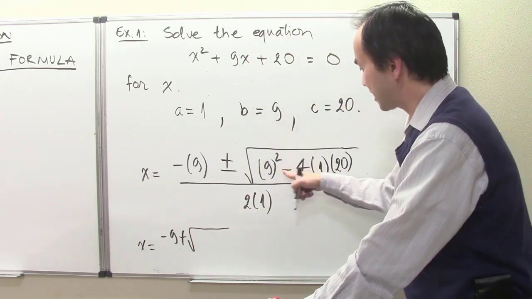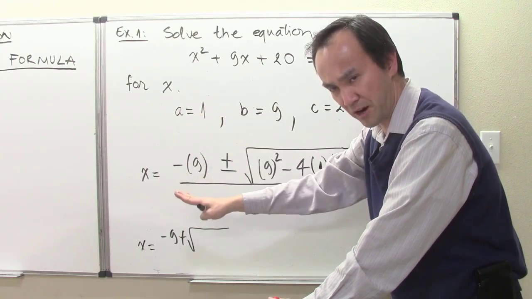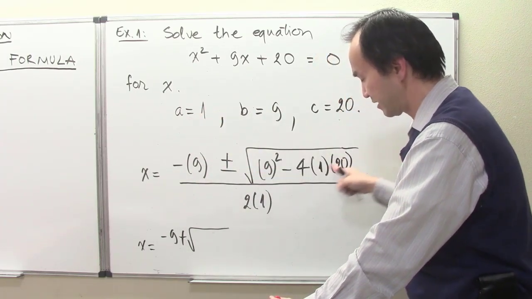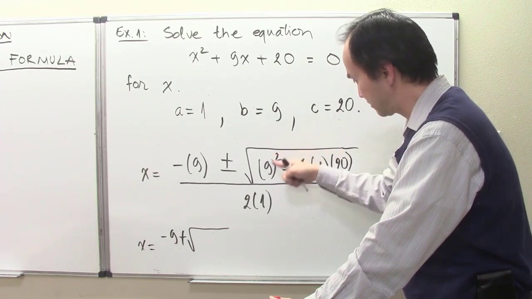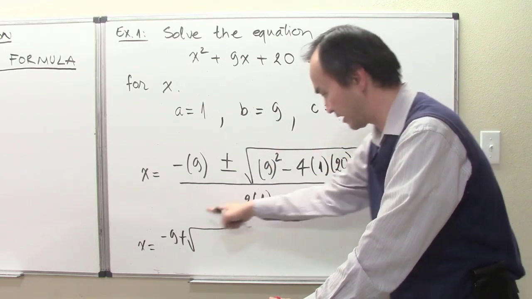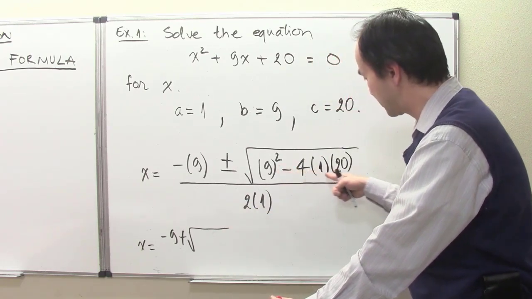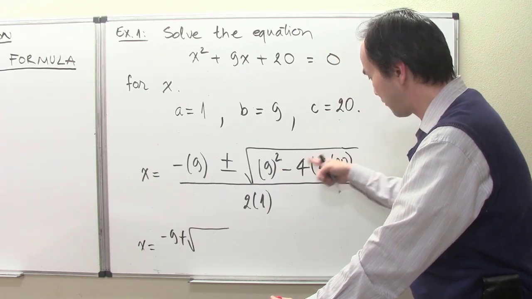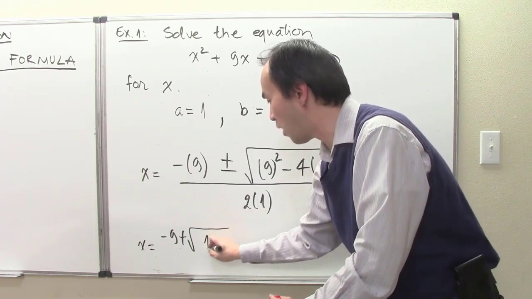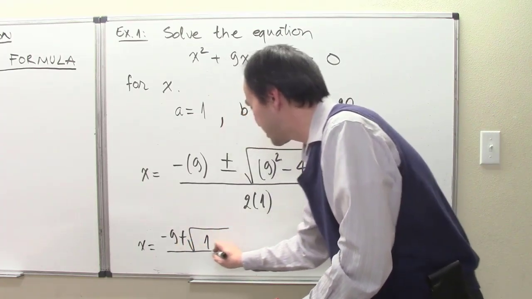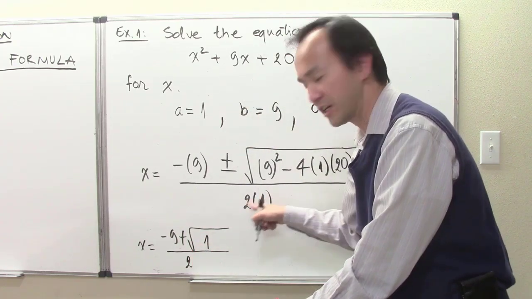Inside of the square root, and we've already become fluent with square roots prior to this point, the expression says that we must finish the computation that happens inside of the square root, then take the square root afterward. So 9 squared is 81 minus 4 times 1 times 20. 4 times 1 times 20 is 80. So 81 minus 80 gives me the square root of 1. Those two terms, that sum, is divided by 2, because the product 2 times 1 in the denominator is 2.